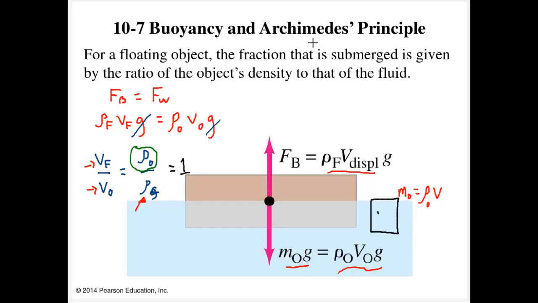In that case, the volume of the object is going to be equal to the volume of the water displaced. If the object is half as dense, then we're going to have a situation like we see right here, where the volume of the fluid displaced is half of the volume of the object.